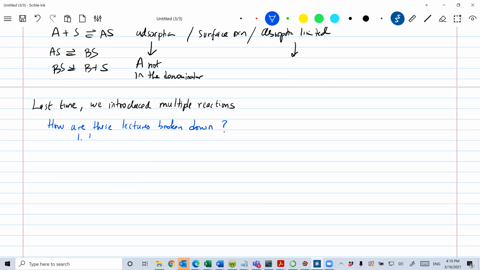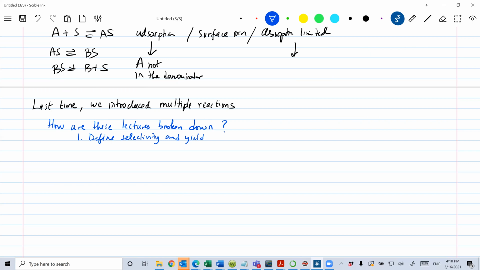What we did last time, we defined selectivity and yield. We saw that selectivity can be defined differently depending on what type of reactions you have and what works for you, because it could be that defining selectivity based on reactant works best, or based on an undesired product works best. It could be based on atoms.